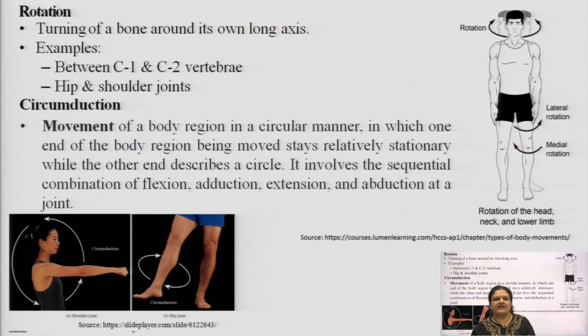Then we have circumduction, the movement of a body region, maybe the pectoral girdle region also, in a circular manner, clockwise and anti-clockwise, in which one end remains fixed, stationary, while the other end of the body makes a complete circle in any direction. It allows the sequential combination of flexion, adduction, extension and abduction of joints.